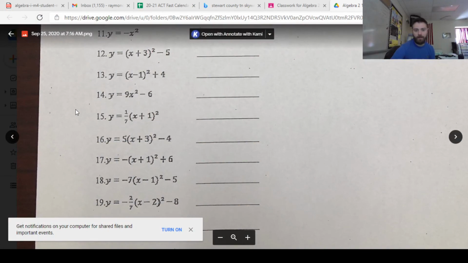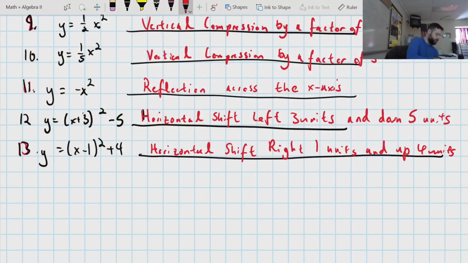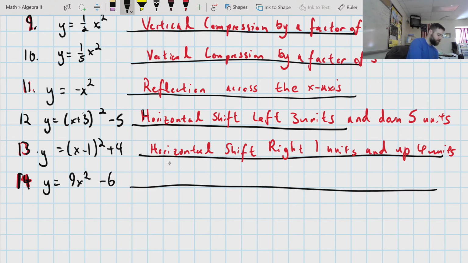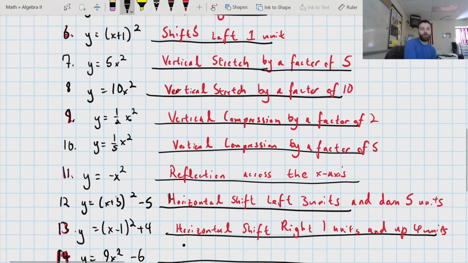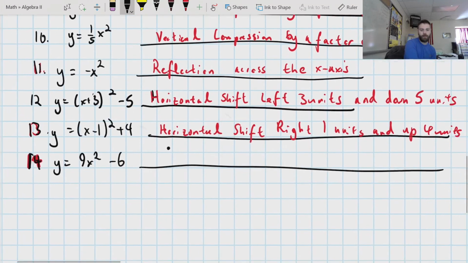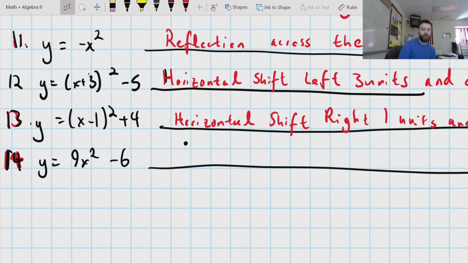And then if I take a look over here again, the next one's going to be 9x squared minus 6. So if you remember, whenever we multiply by a number on the outside, if it's larger than 1 and non-negative, it's going to stretch it.